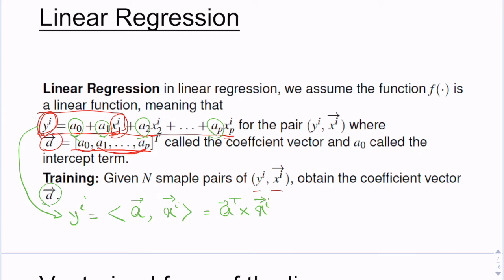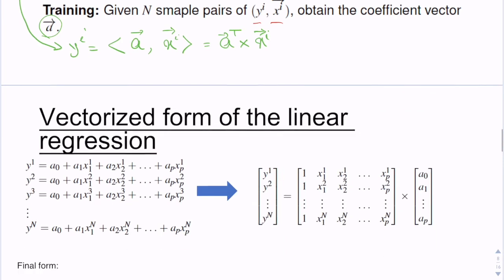You may see this compact form in another context rather than the detailed form. We also solve the regression problem using this vectorized form, not the detailed scalar version. So that's linear regression and the training, and also the testing. Testing is having a new object with some measured features, and then we can predict the output.